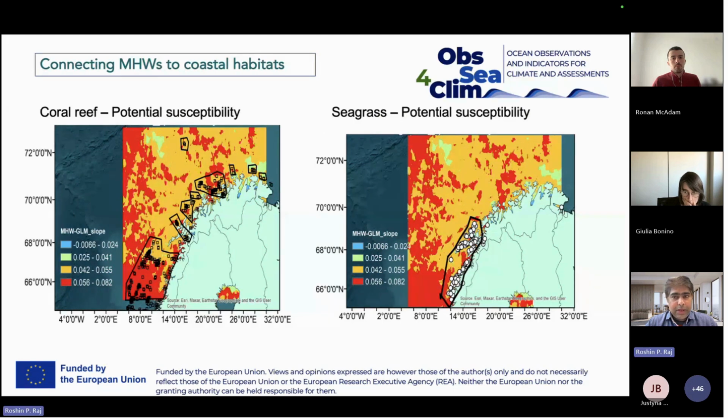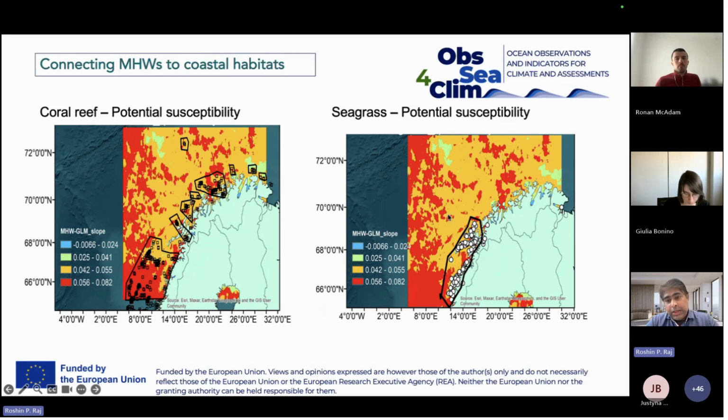Okay, so this is my final slide, connecting marine heat waves to coastal habitats. This is an example where what you see here in color is the marine heat wave trend, and we looked at the most susceptible regions of the coral reef and seagrass.